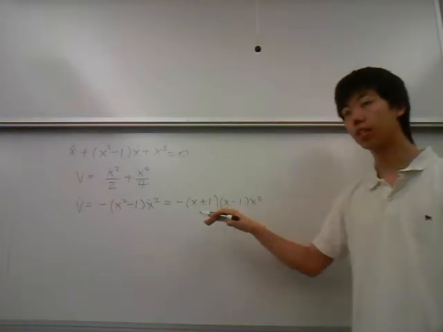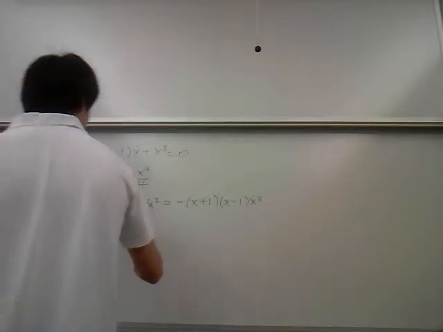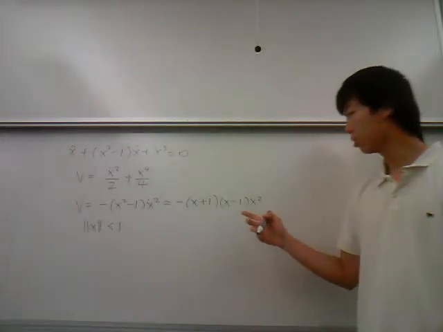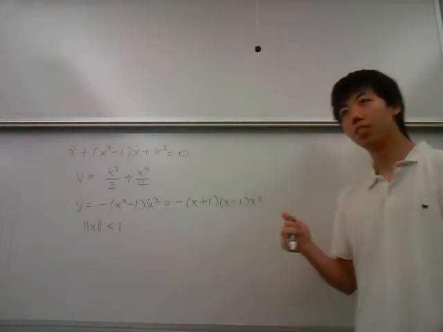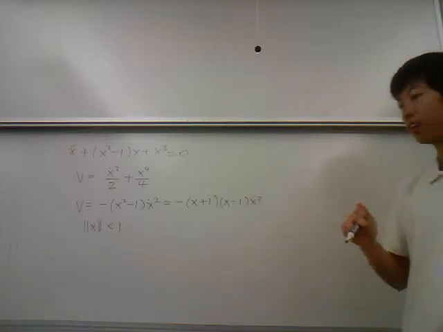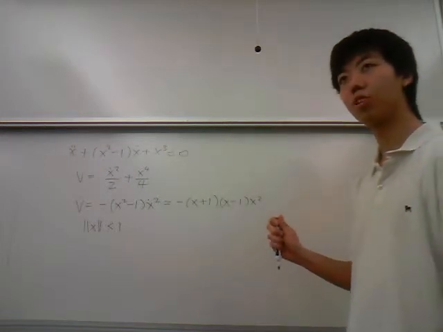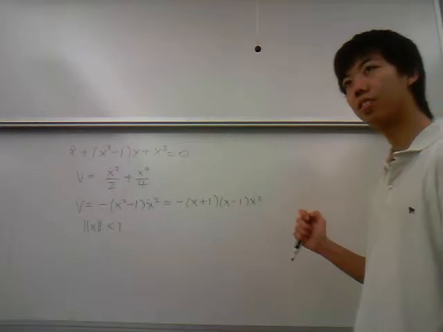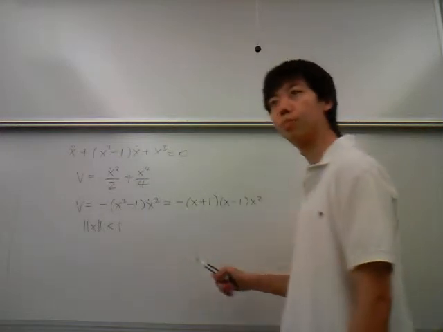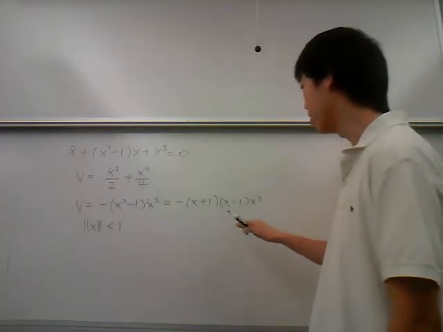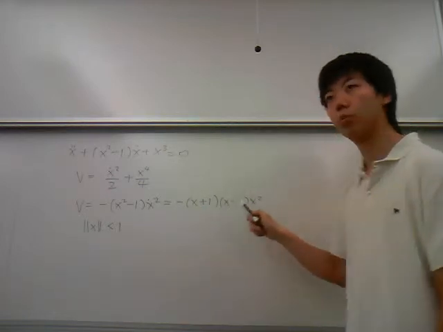So when the magnitude of x is less than 1, can you tell me if this is positive definite or positive semi-definite? Positive definite is when this function is positive everywhere except when x and x dot are both equal to 0.